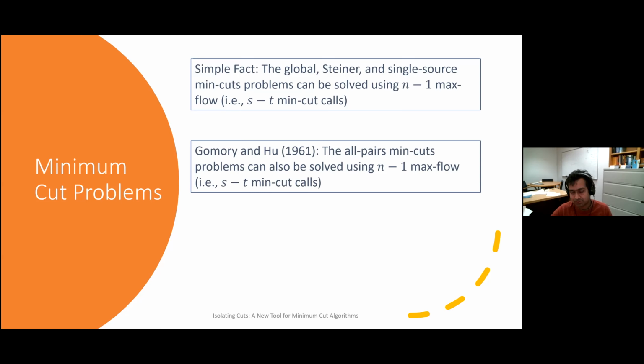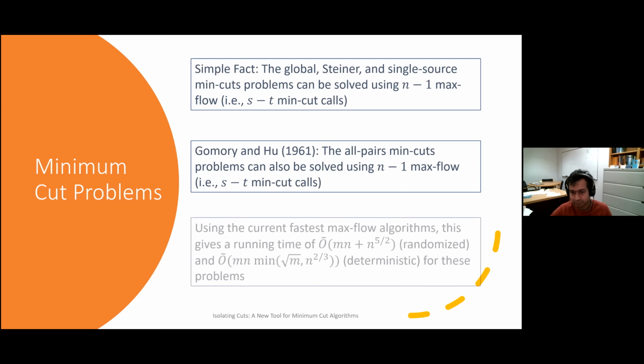But it turns out, as they showed, that these linear number of cuts are sufficient to answer the S-T min cut question for all the quadratic number of vertex pairs. I'm not going to go into the details of how this works, but that's the baseline for all pairs min cuts as well.